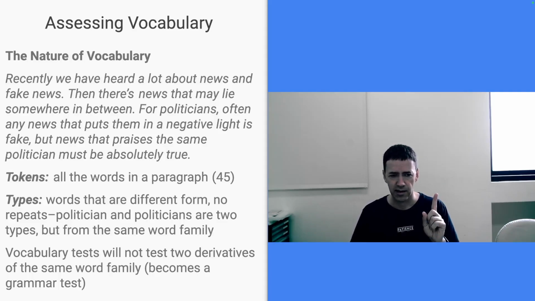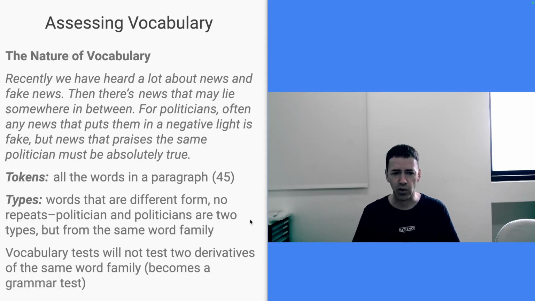Okay. In terms of word families, for example, politician and politicians are not the same type because this is the plural form and this is the singular form. Okay, they're from the same word family, but they're not the same type. So they will both be counted in the tokens.